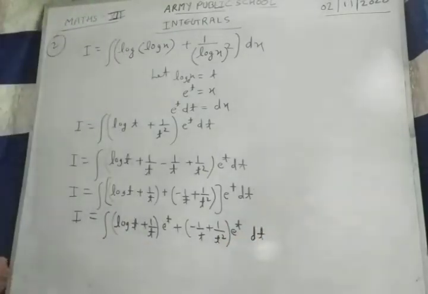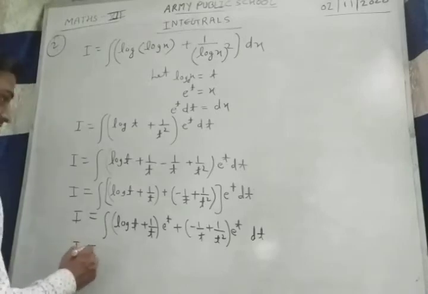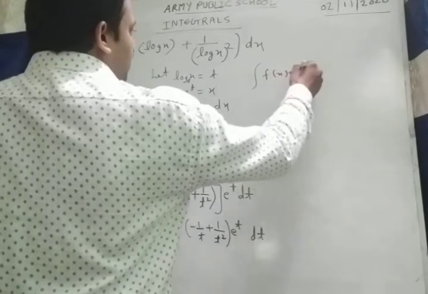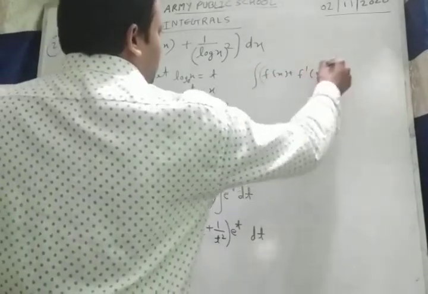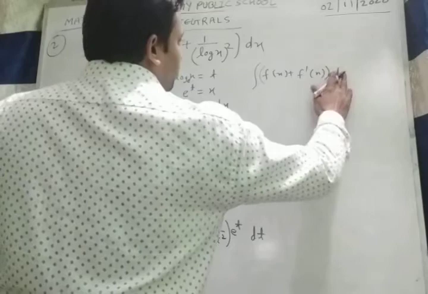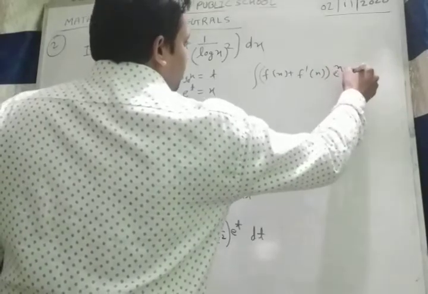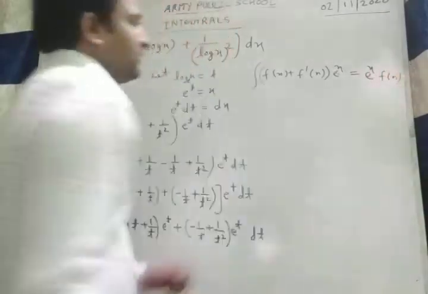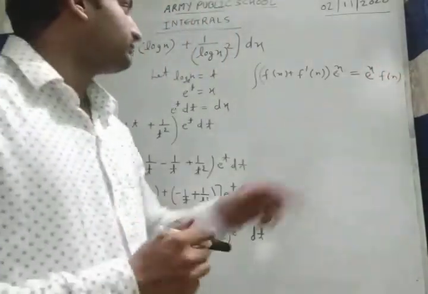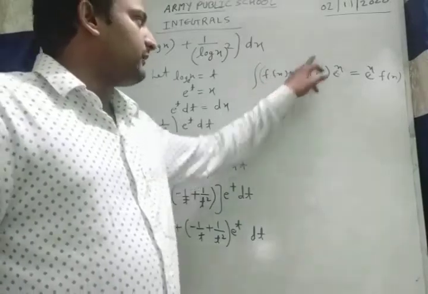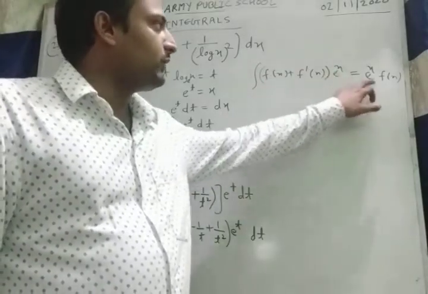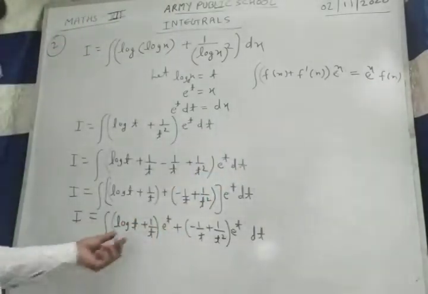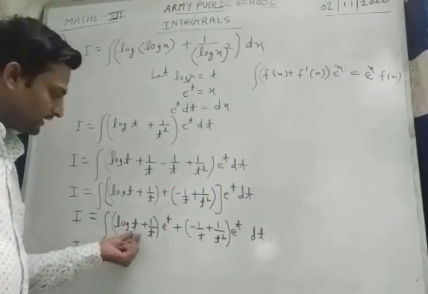Okay, so we know the formula: integration of f x plus f dash x, e to the power x dx, is equal to e to the power x f x. So we apply this formula here. This is our f x and this is our f dash x.